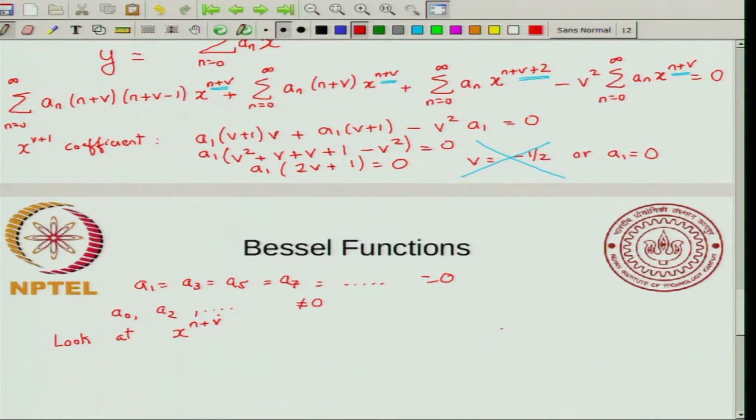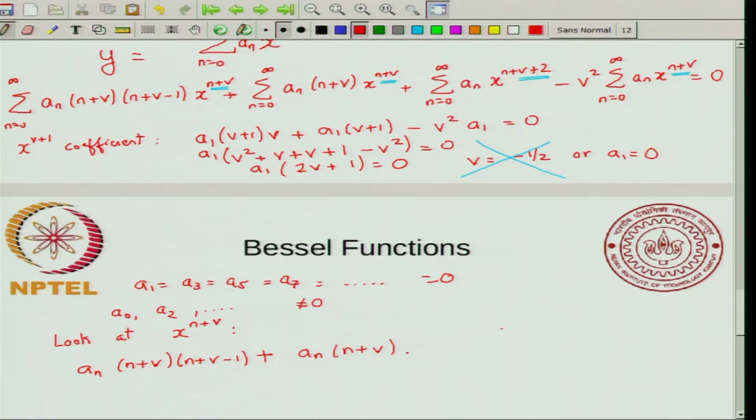If you look at that coefficient, then what you will get is the following. From the first term you will get a_n times (n plus v) times (n plus v minus 1).